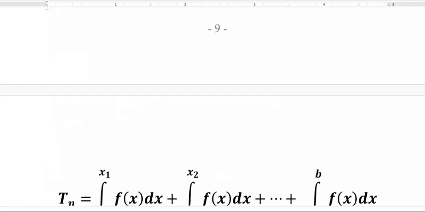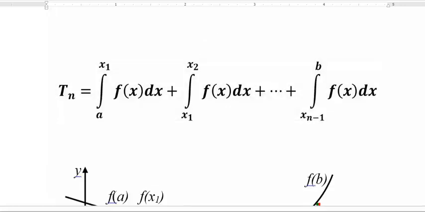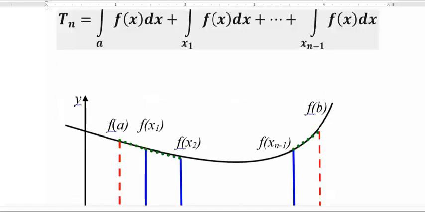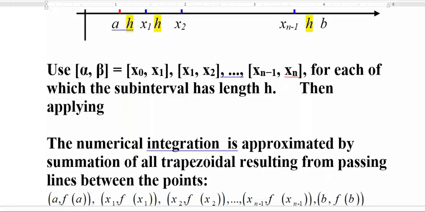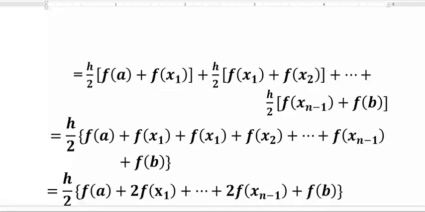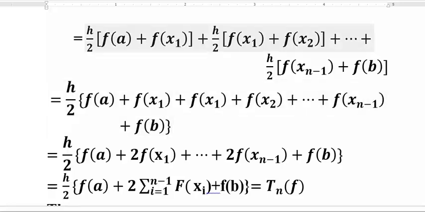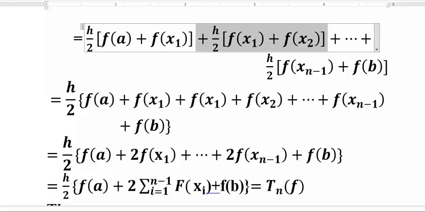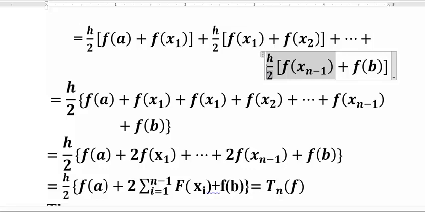So we have here T n equals the integration from a to x1, from x1 to x2, and so on to the last one, which is the integration from x n minus 1 to b. The first integration is h over 2 f of a plus f of x1. The second, h over 2 f of x1 plus f of x2. And the last, f of x n minus 1 plus f of b.